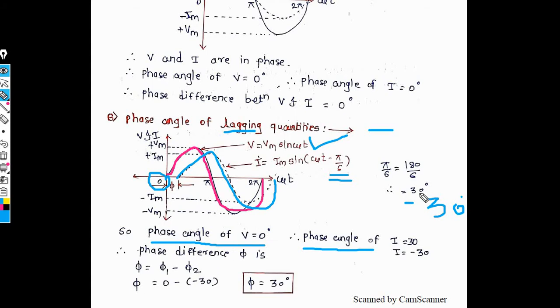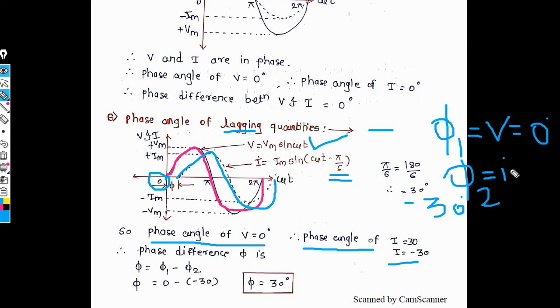Then phi 1 is considered for the voltage angle, V, which is 0 degree. Then we have to consider the phase angle for current, that is phi 2, I, which is minus 30.